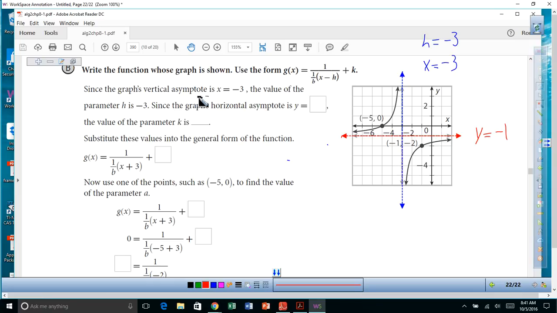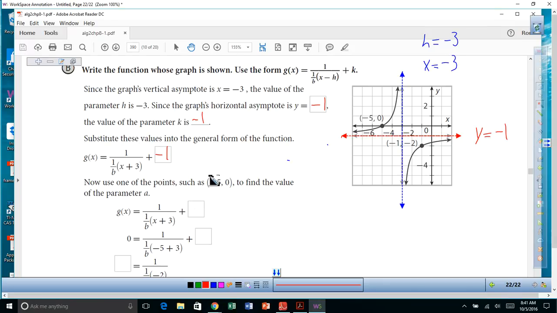Since the graph's vertical asymptote is x equals -3, the value of h is -3. Since the graph's horizontal asymptote is -1, the value of the parameter k is -1. Substitute these values in the general form, so you got -1 here, and I already put it in there.